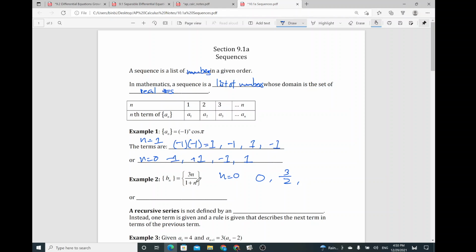Then n equals 2, the top would be 6, the denominator would be 3, so that would be 2. So you start with n equals 0, n equals 1, and then n equals 2. Or if you start with n equals 1, then it's just 3/2, 2, and then n equals 3, 9 over 4, like that.